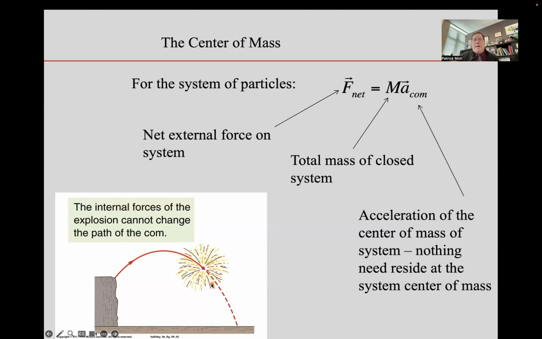External forces like gravity are going to accelerate the center of mass of the system, and then you'll have internal forces that cause the explosion itself. All right, and we'll have an example using this idea in just a second.